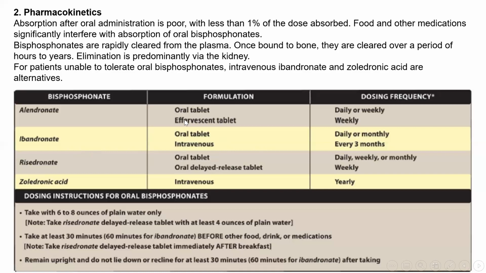All of them can be administered orally, except zoledronic acid, which is only intravenous. Also, ibandronate can be administered by both routes. They also differ in being daily, weekly, or monthly, maybe yearly with zoledronic acid. So the frequency of the dose is hugely different from one drug to another.